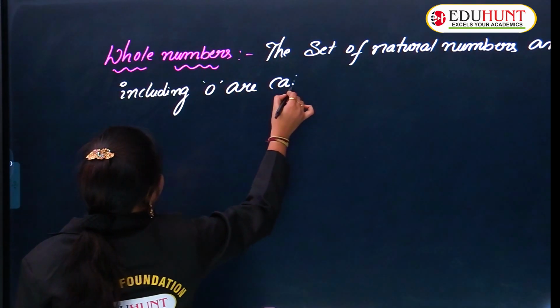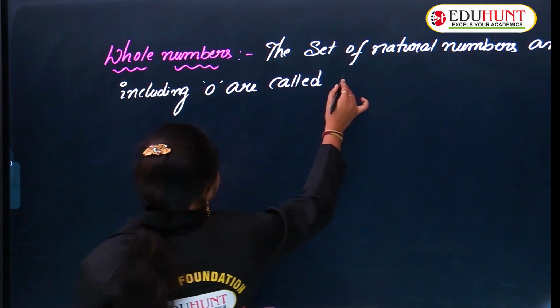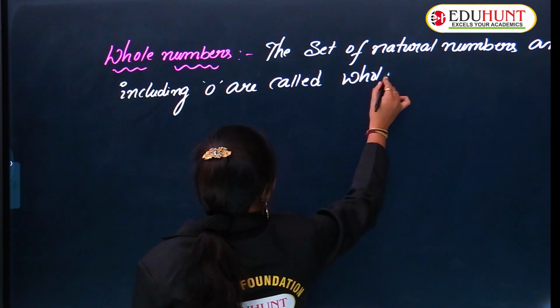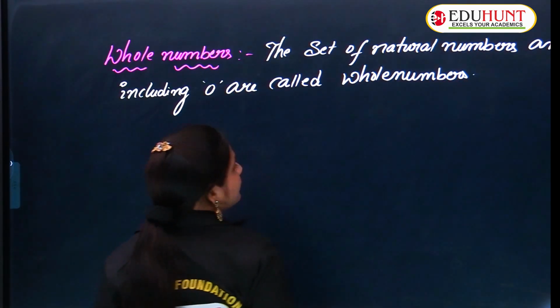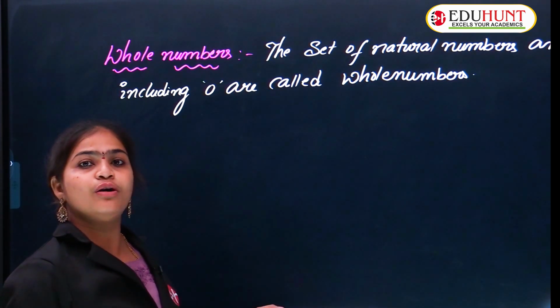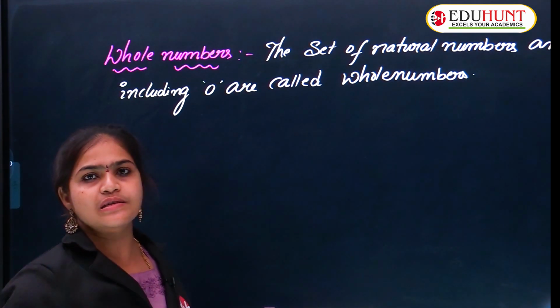These are called whole numbers. What is the definition of whole numbers? Here, the set of natural numbers, along with that, natural numbers and 0 also there.